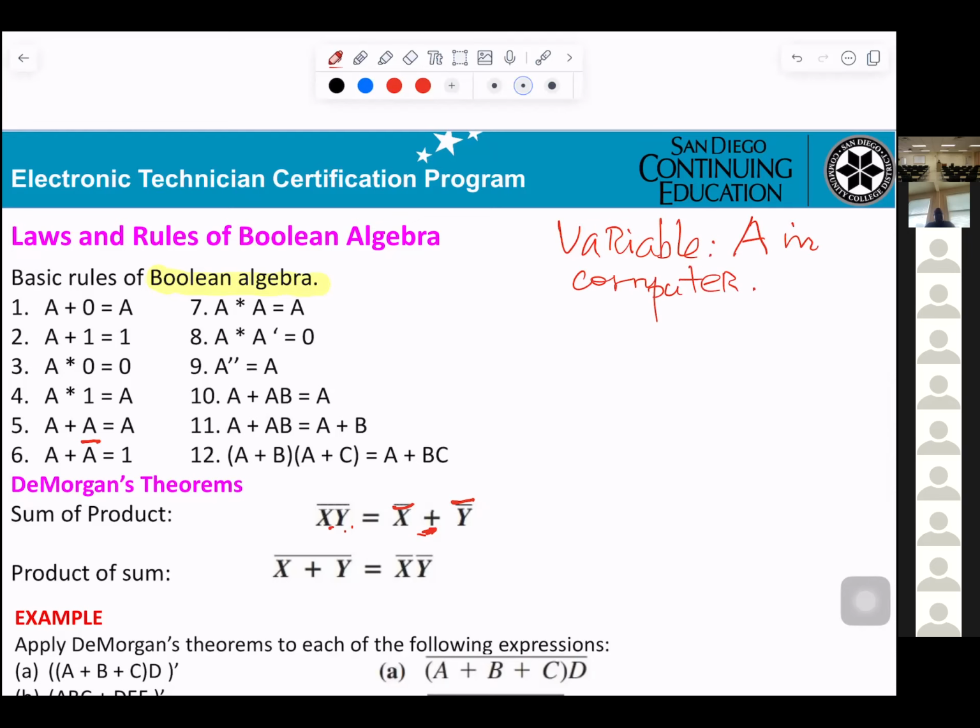Now, you tell me what A equals. A equals A plus A. A equals what? What number?